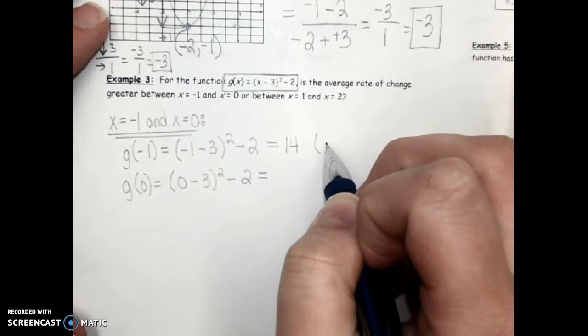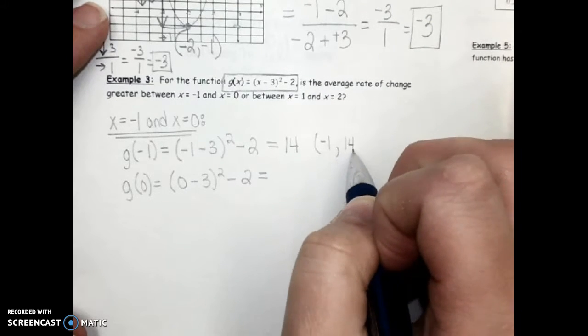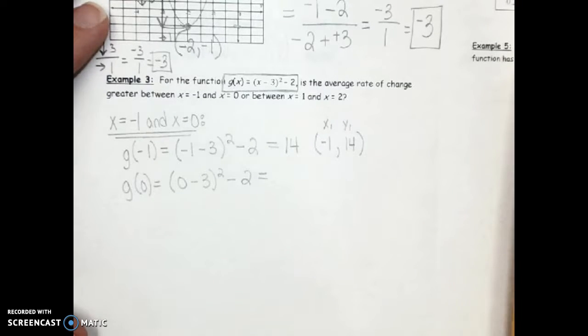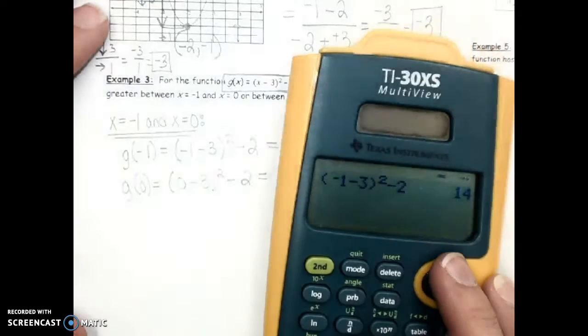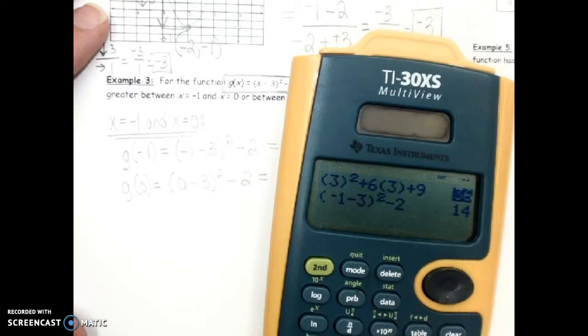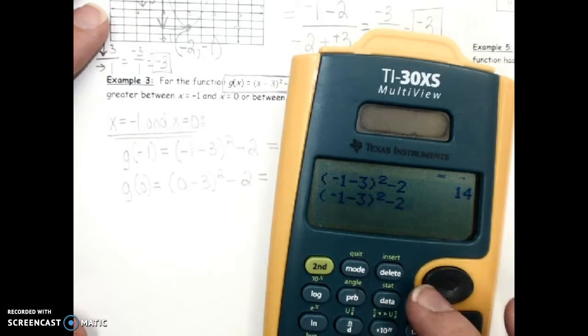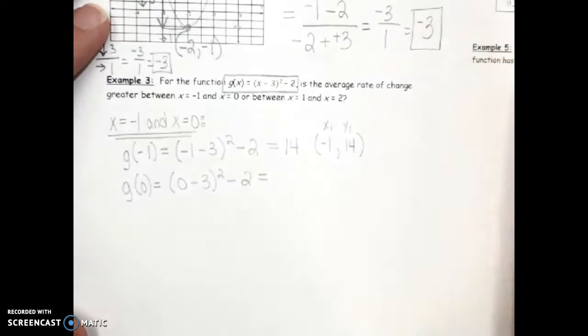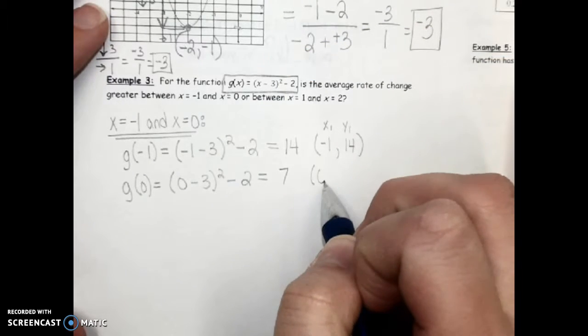That means x is negative 1, y is 14. There's your x1, y1. Do the same thing for 0. I'm going to go into my calculator, change that negative 1 to a 0. Enter. When I plug in 0, I get out 7. So my next ordered pair is (0, 7).